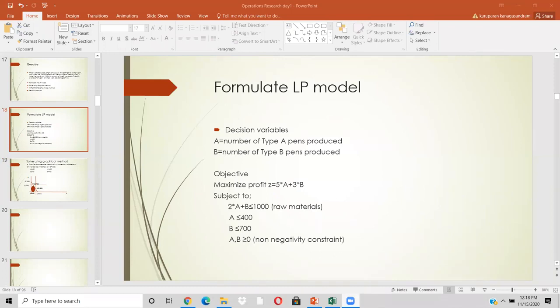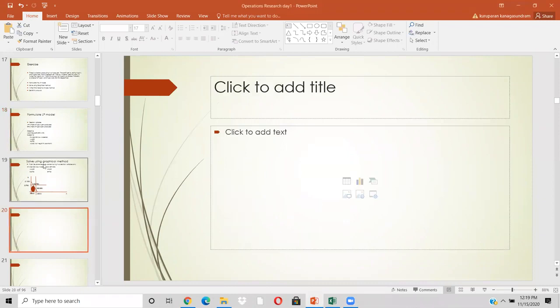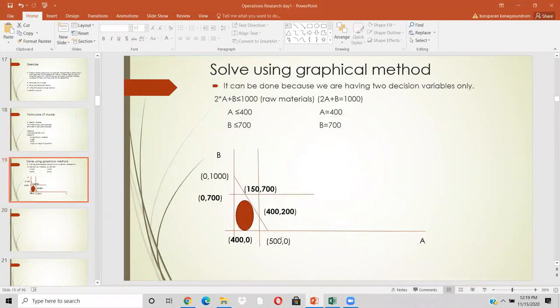That's why we say isoprofit line method. So that's somewhat difficult to understand. I will say it later. First of all, we only need to draw lines for constraints only. No need to draw it for the objective. Okay.